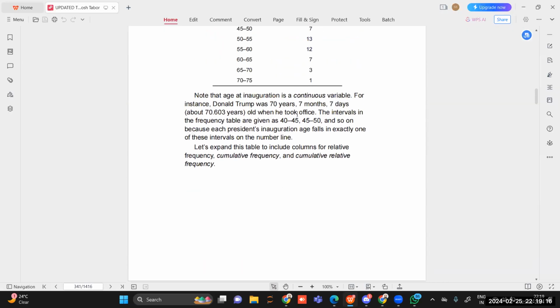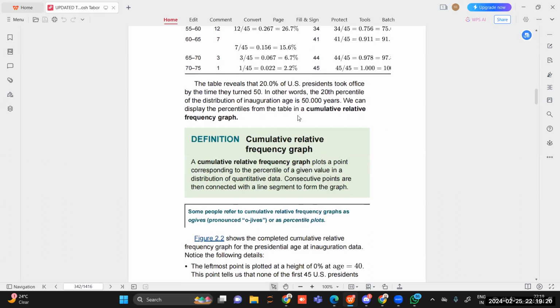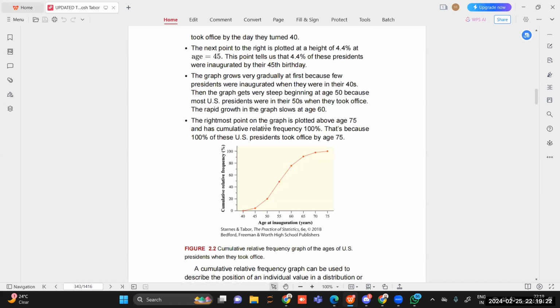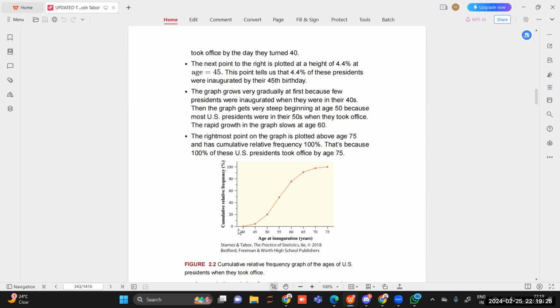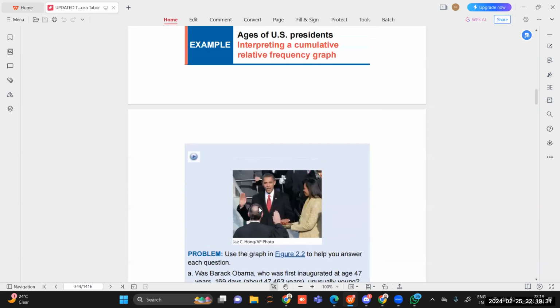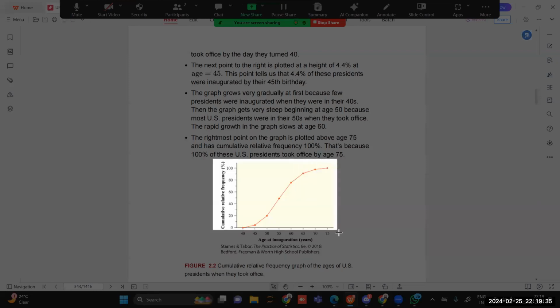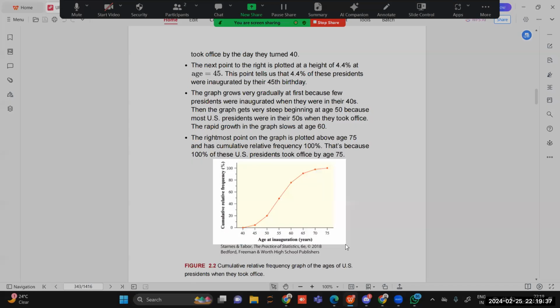Now we move on to the cumulative relative frequency graph. It's very simple. For the first, it was 4.4. I'll take it here.